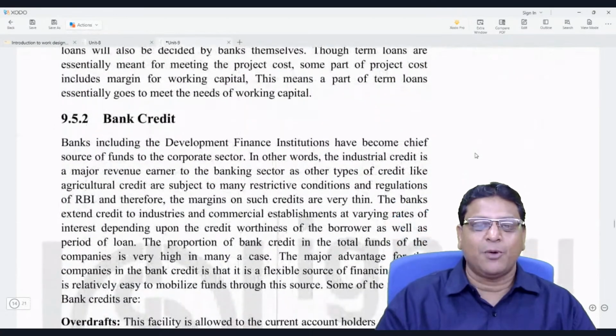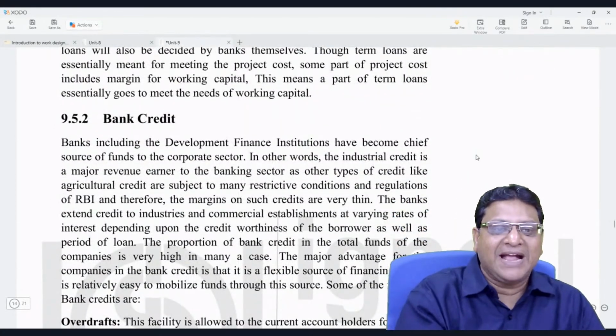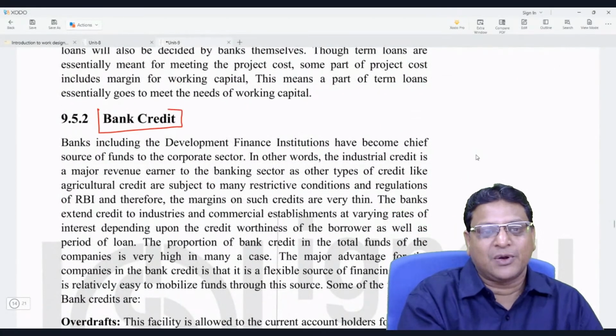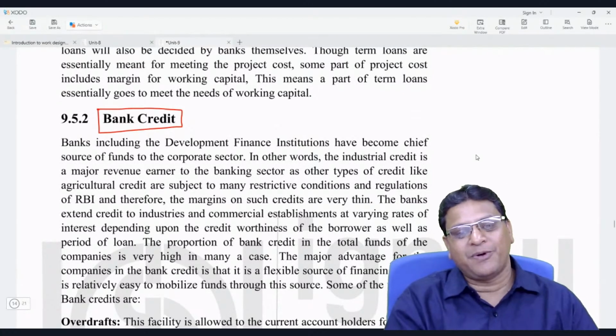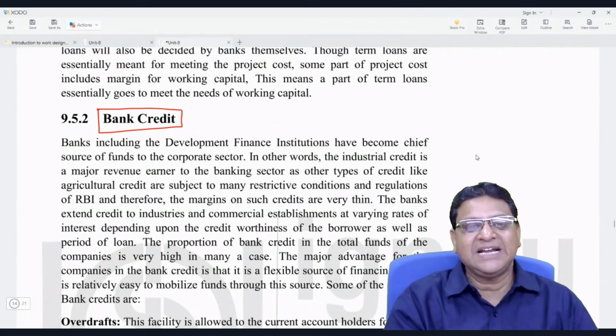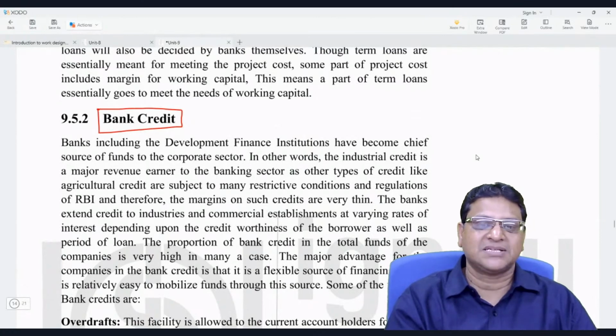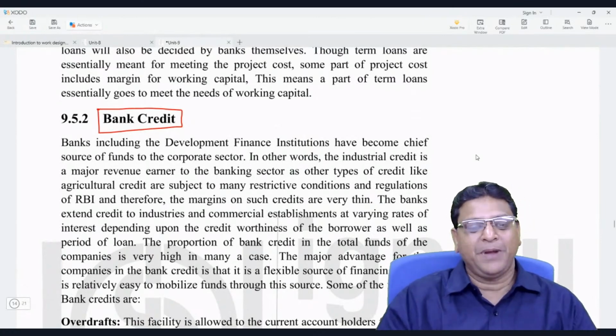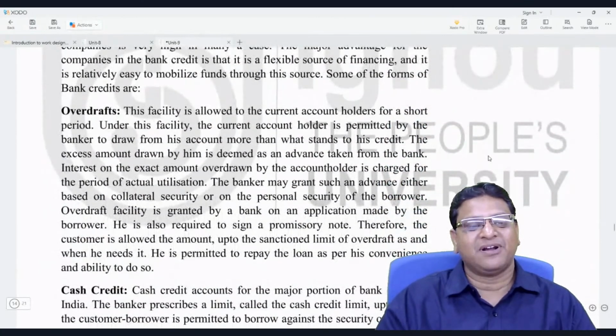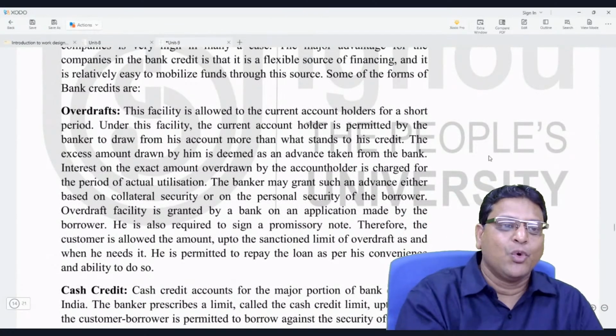Next, loans can be obtained in the form of bank credit. What is bank credit? Banks providing credit facility. The credit facility provided by a commercial bank is known as bank credit. The bank credit may be in different forms. First form is overdraft.